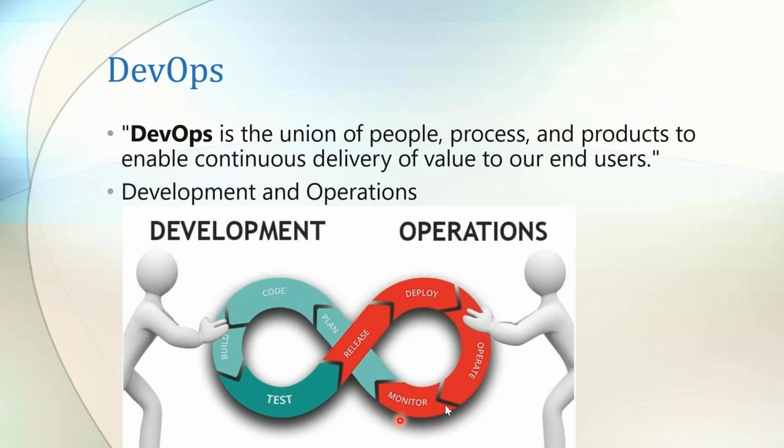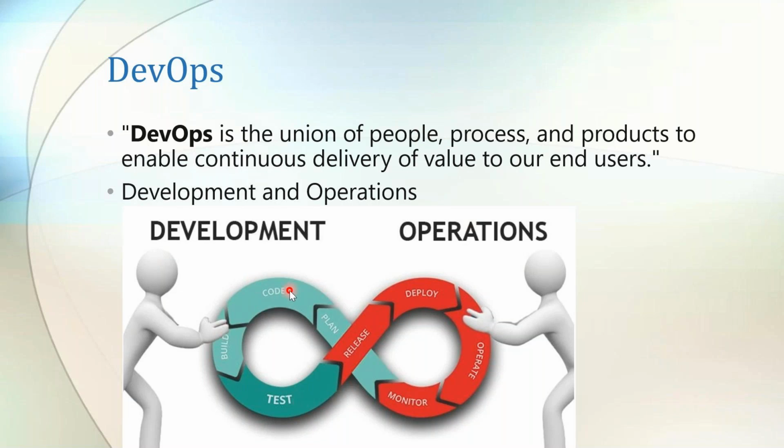That is, once I do a monitor, once I have the information, I will do a plan, code, and the same cycle will complete. So here the developer and the operation team are working together. There is an overlap, I would say, and that is the one we call dev plus operation, which is called DevOps. So DevOps is not only going to be your development task or operation task. Ideally, you will be working with different sets of people, because each and every block is meant for some task.